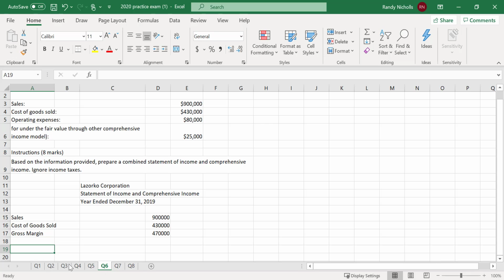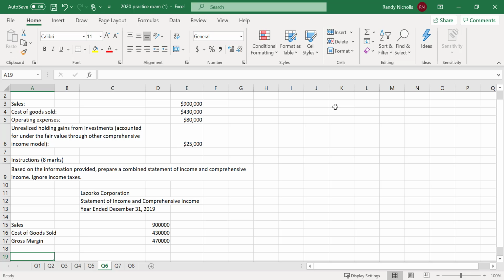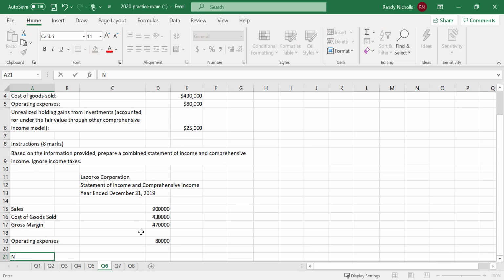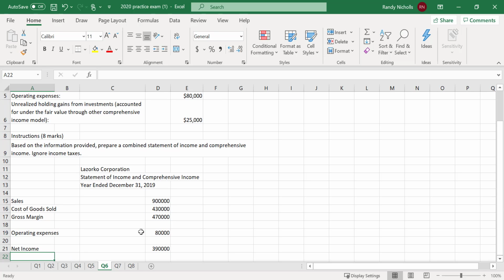Oh, I'm missing some wording here. Sorry about that. Don't think I extended it far enough. There we go. So the only expense I have is operating expenses of 80,000. Usually this would be my net income before tax, and then I'd take tax off, but in this case we've got no tax. So net income is 390.